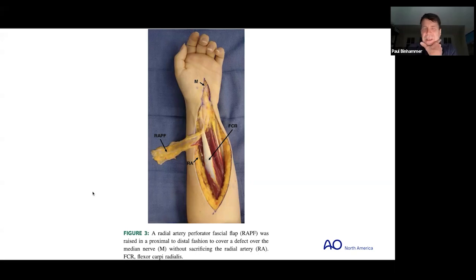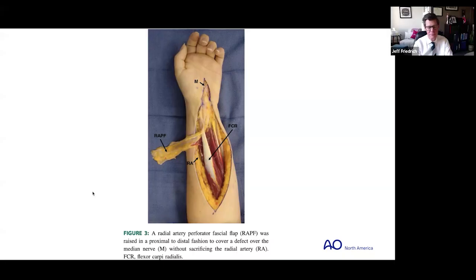I've always done one, and rather than look perfect when you take the dressing off, it looks almost perfect and seems to get through it. I certainly like this illustration. If you ever have a problem with coverage over a median nerve or recurrent carpal tunnel syndrome, I've found this flap useful in that situation.